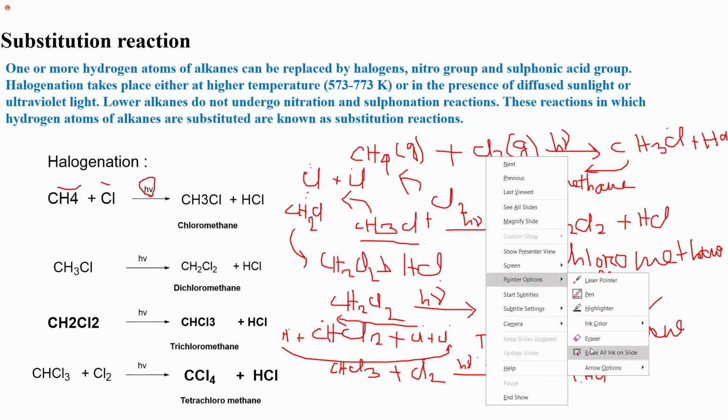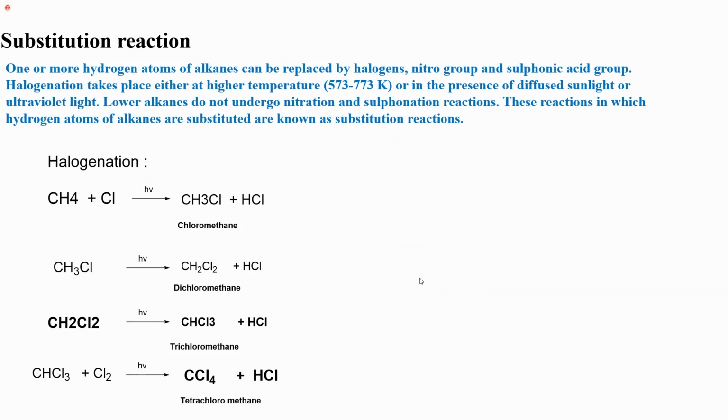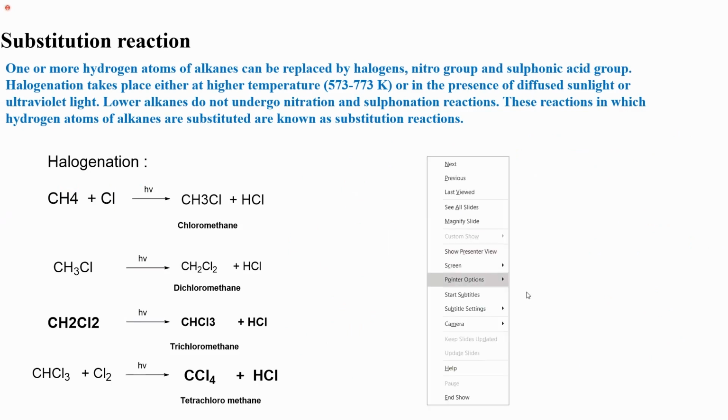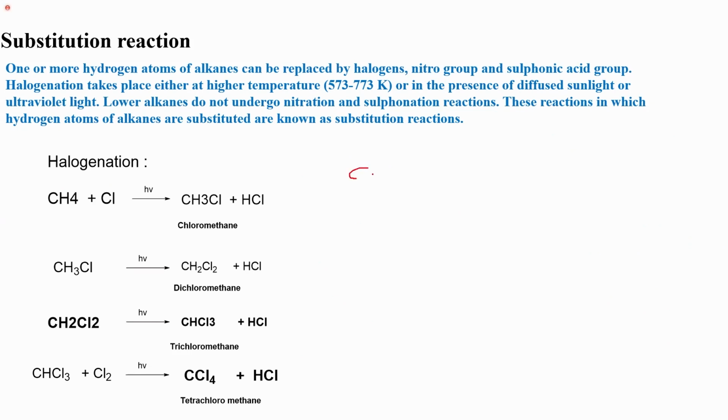Now you have a CHCl3. Now suppose you have CHCl3, what will happen? CHCl3 under photolytic condition, what will it give? It will give CCl3 dot plus H dot.